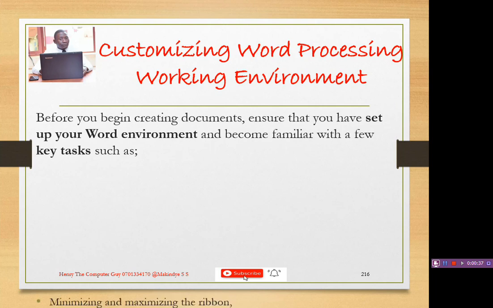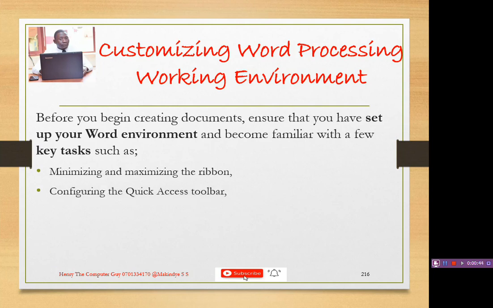That means you have to be able to minimize and maximize the ribbon, customize or configure the quick access toolbar, use the ruler, use the word counting, and use the zooming tool. All those combined will help you to at least be able to create good looking documents.